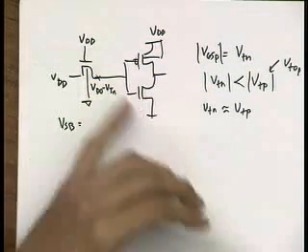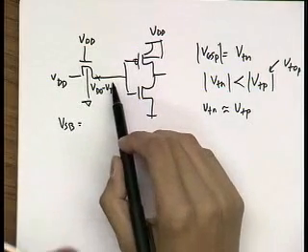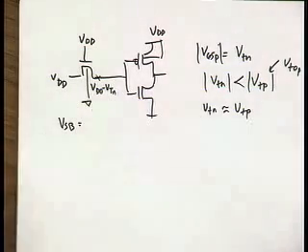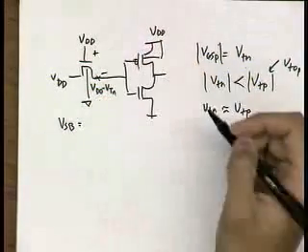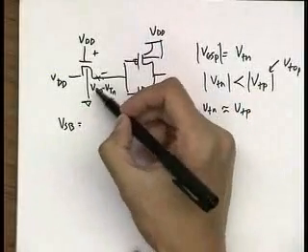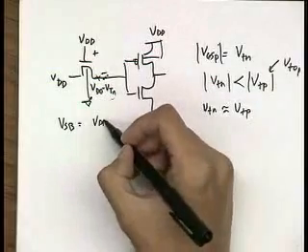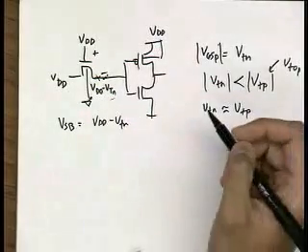So where is the source here? This node or this node? It's normally the one with the lower potential. Okay, that's where your VGS is, right? That's why you have VT here. So my source bulk voltage is this voltage. Okay, it's VDD minus VTN.